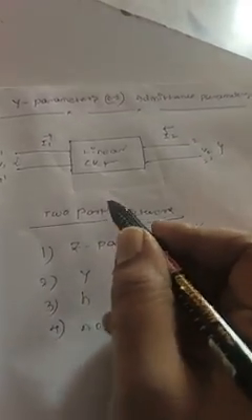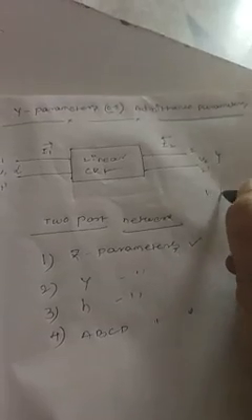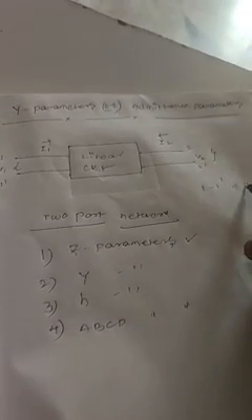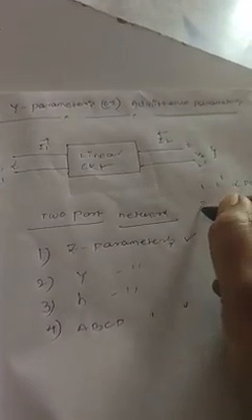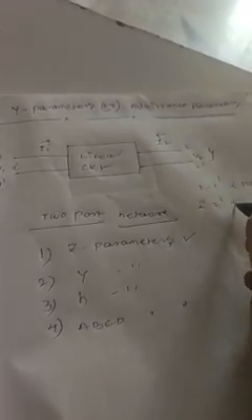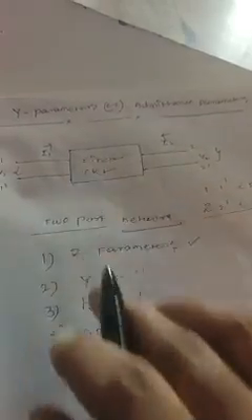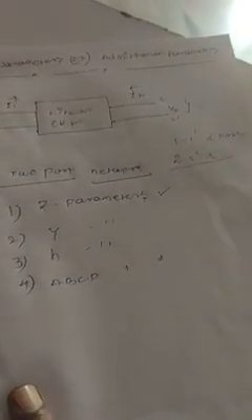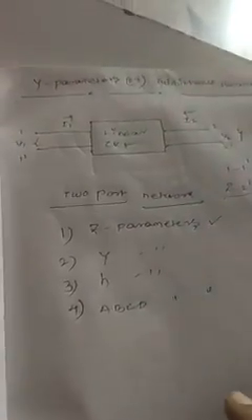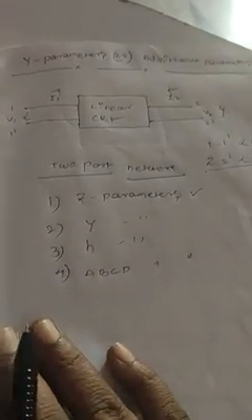Here 1 and 1 dash is one port, and 2 and 2 dash is the other port. So this circuit contains two ports, so it is called a two-port network.